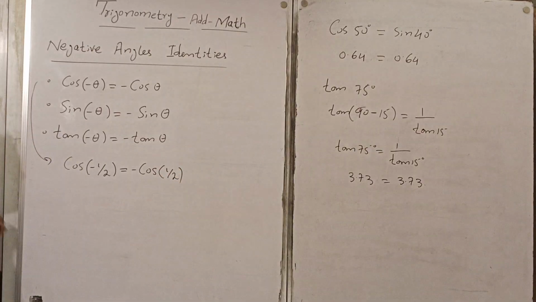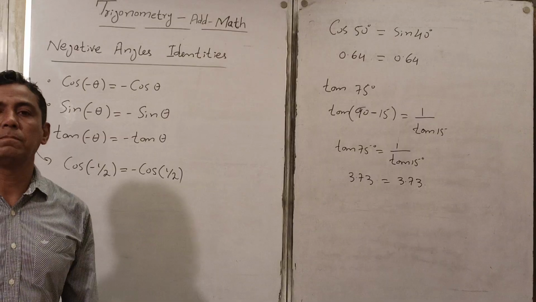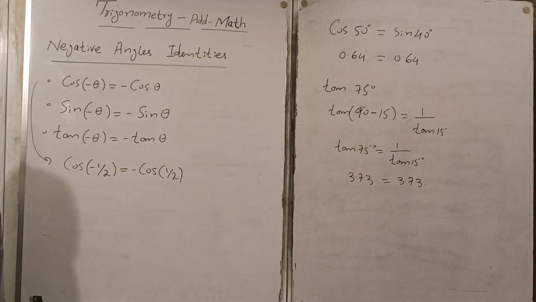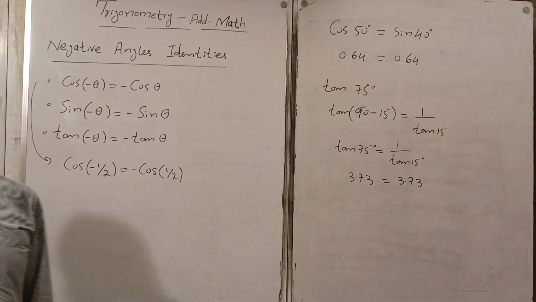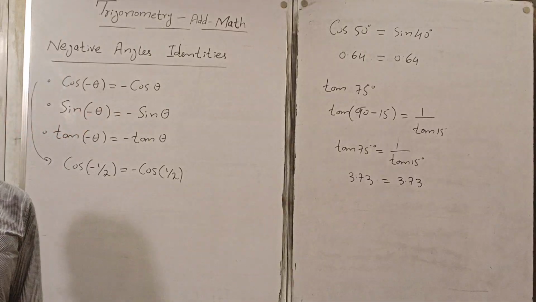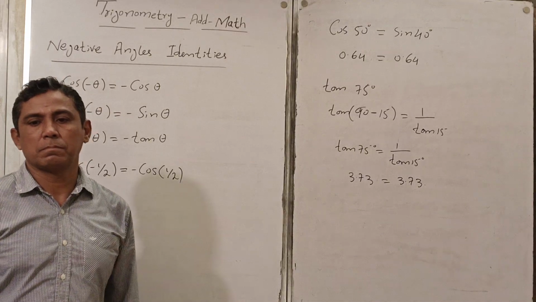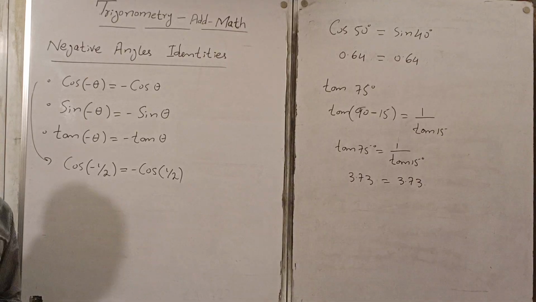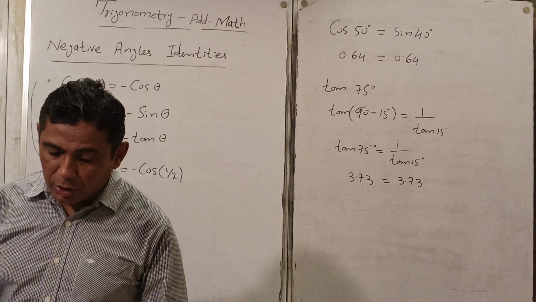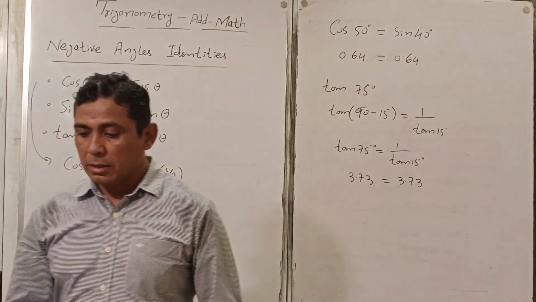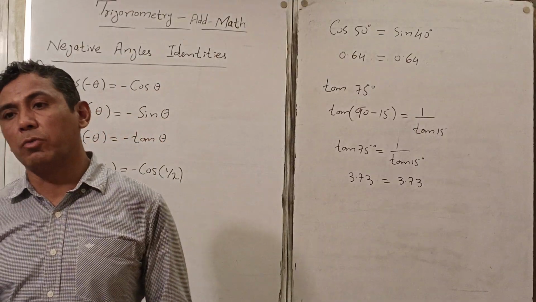Calculate it. Cos minus 1 over 2 is the same value you will have.